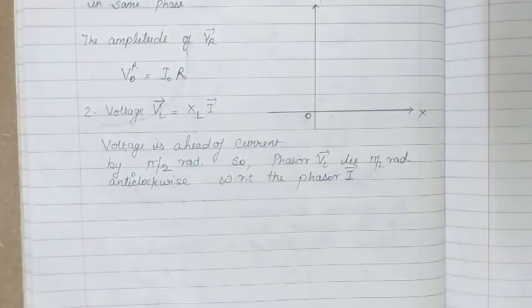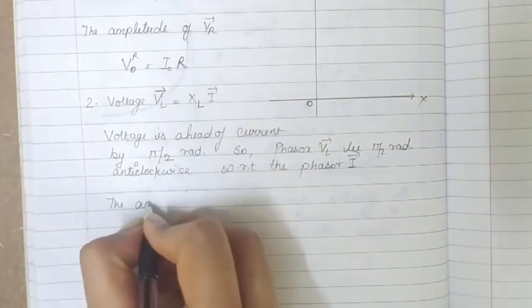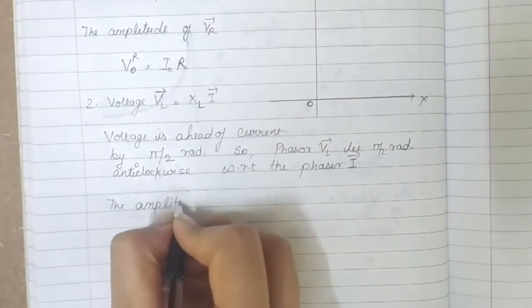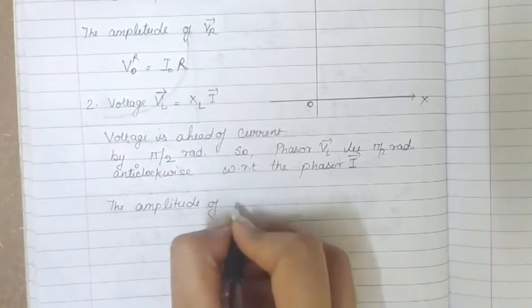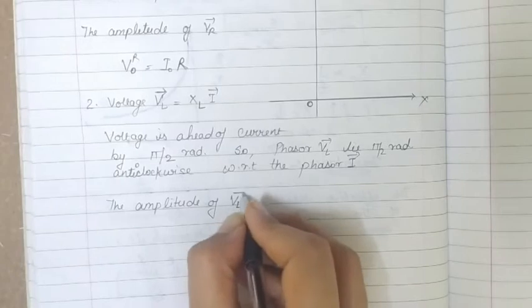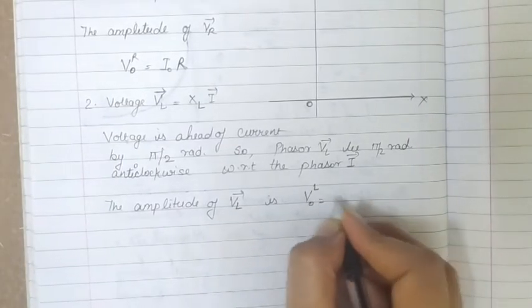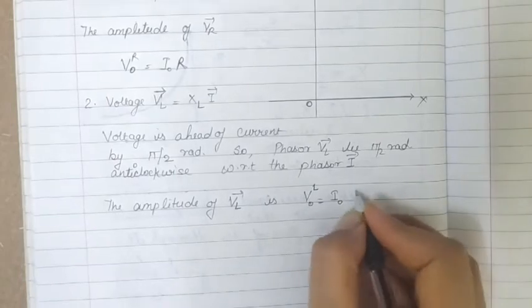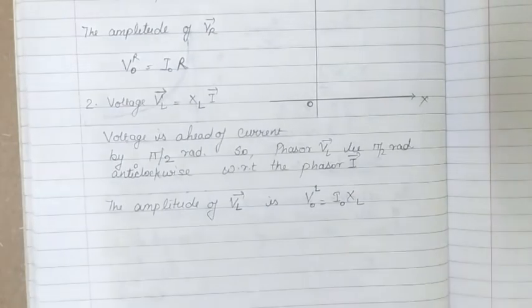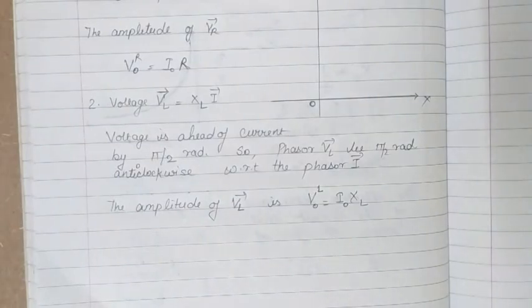So we have to keep this in mind. And the amplitude of VL vector is VL naught equal to I naught XL, where XL is the inductive reactance.